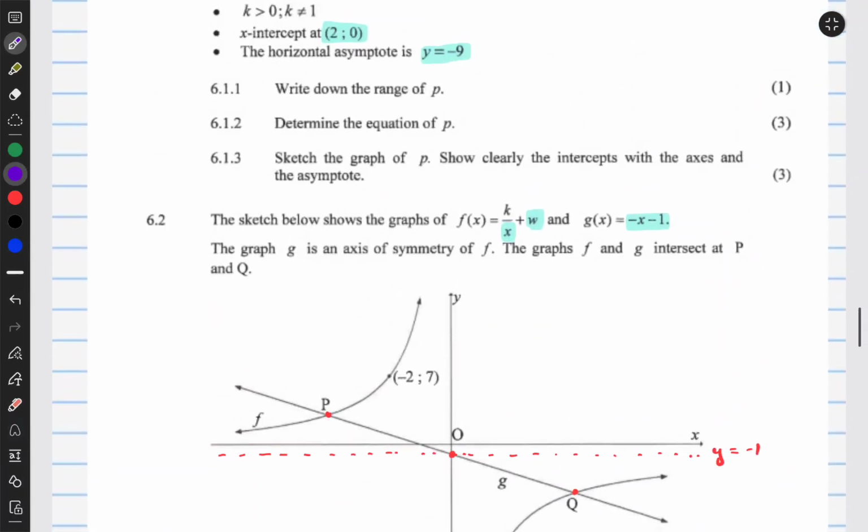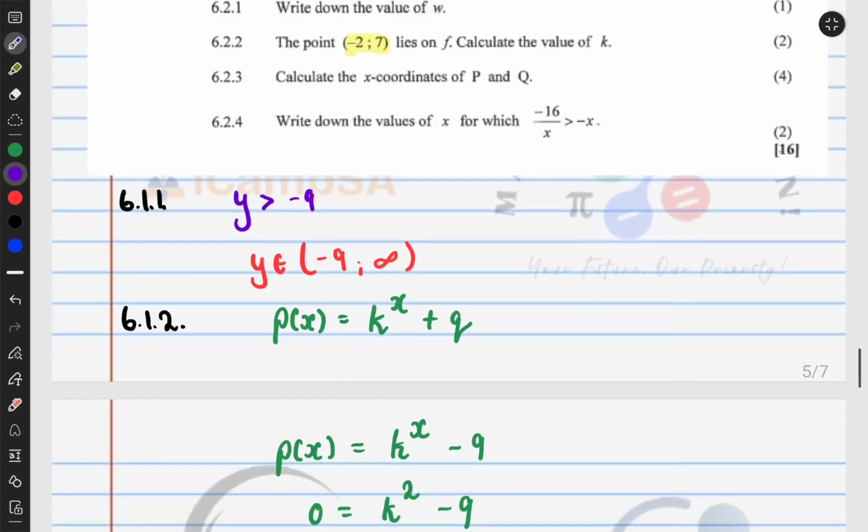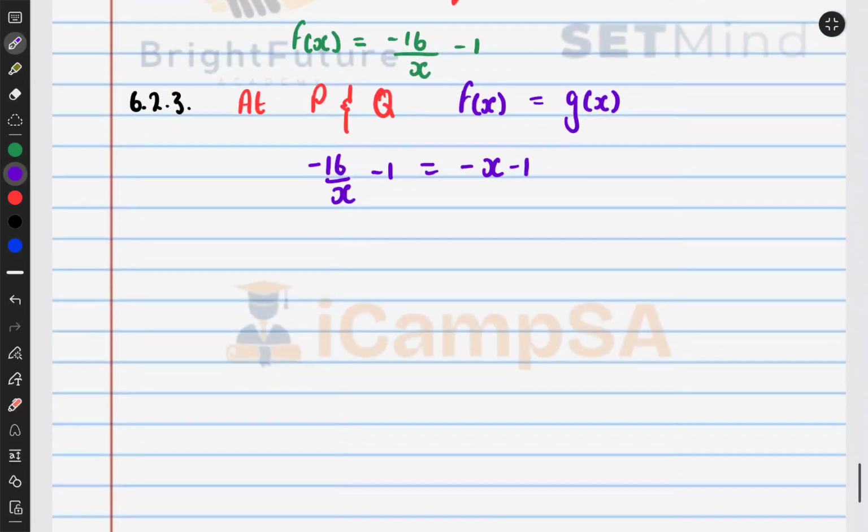Just double checking. Okay, now let's solve for x. The -1 and -1 on both sides cancel. We essentially have -16/x = -x. Multiplying by x and by negative on both sides, we have x squared is equal to 16.